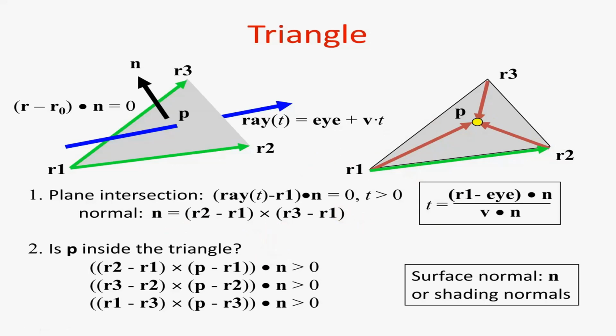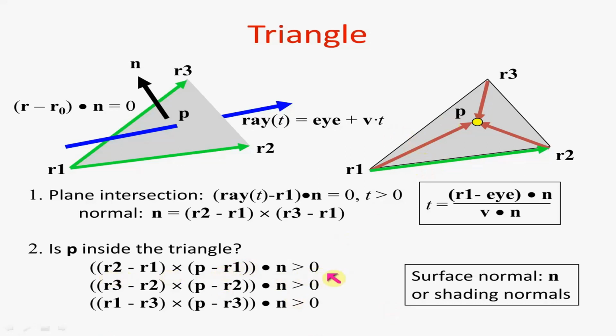Because the dot product of two vectors pointing into the same direction is always positive, but the dot product of two vectors that are pointing into two opposite directions is always negative. So a single inequality can decide whether P is on the good side with respect to the edge or on the bad side.